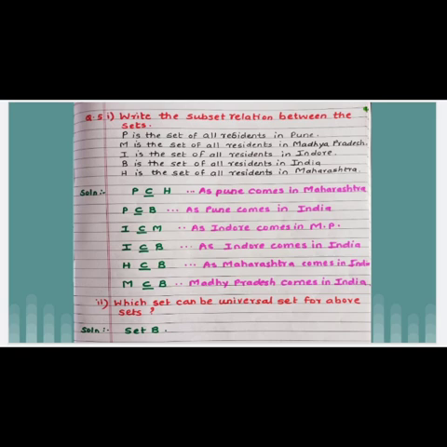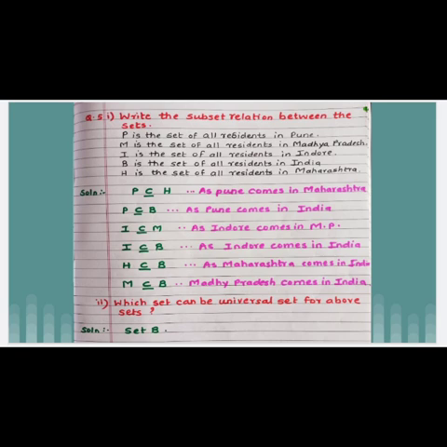Then I is a subset of M, as Indore comes in Madhya Pradesh. Here I wrote MP. MP means Madhya Pradesh. Then I is a subset of B, as Indore comes in India. H is a subset of B, as Maharashtra comes in India. And last one, M is a subset of B, as Madhya Pradesh comes in India.